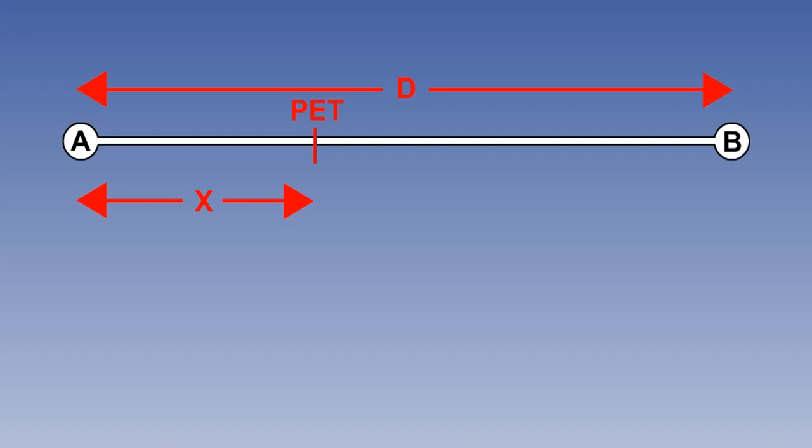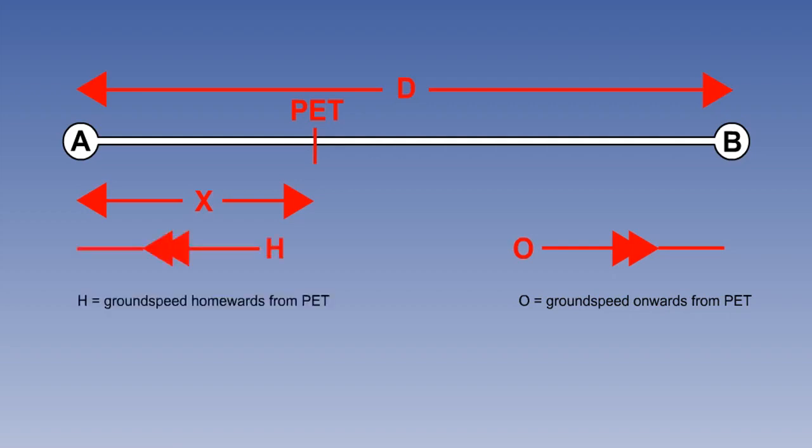So it's an unknown distance, x. We'll call the onward ground speed from the point of equal time o, and the homebound ground speed h. The basic definition of point of equal time means that the time onwards must be the same as the time home.